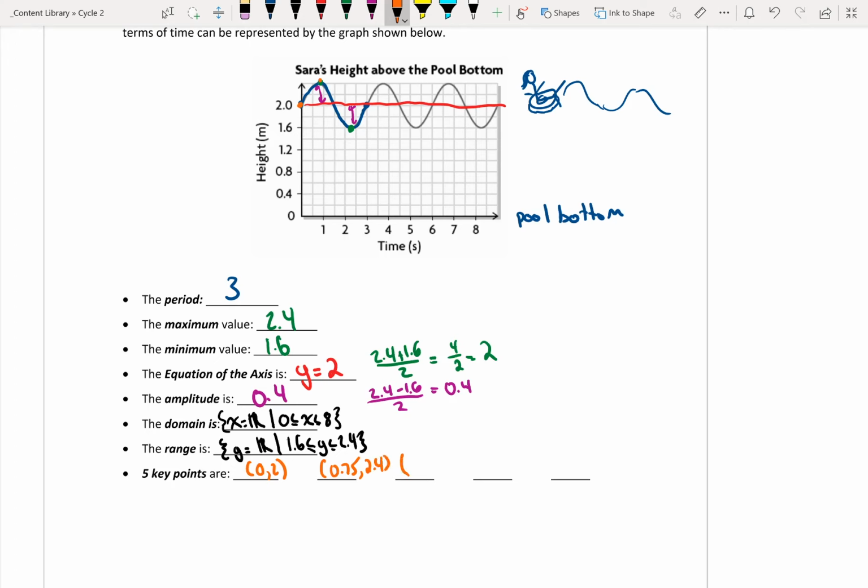Then we have 1.5 and 2. We then have 2.25 and 1.6, and then we have 3 and 2.